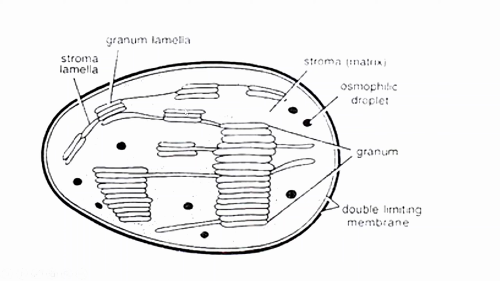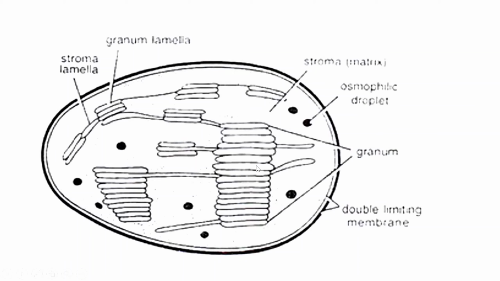This is the structure of the chloroplast, and chlorophyll is the light harvesting pigment. Chlorophyll is present in the granum. The pigments essential for photosynthesis, that is chlorophyll, are present in the granum.